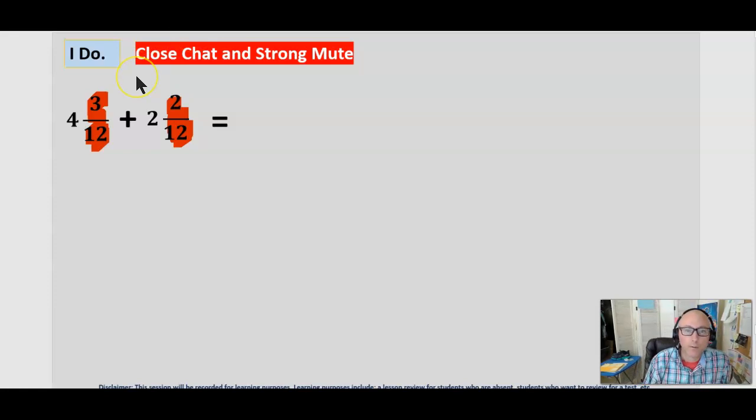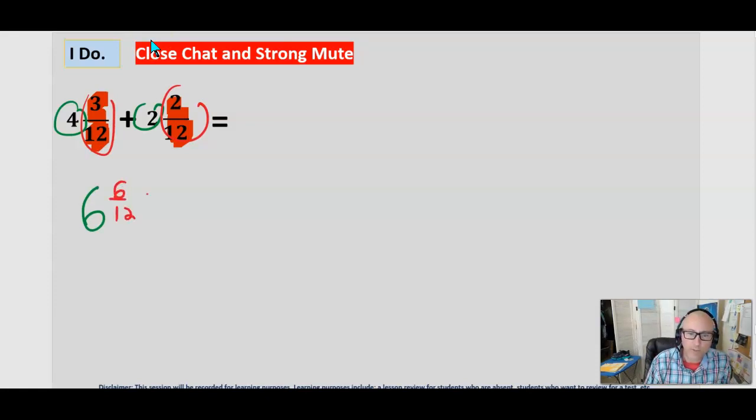Okay, so let's see here. I'm just going to right away add 4 and 2, right? So 4 and 2 is 6. Now I'm going to go ahead and add my 3/12ths and 2/12ths, which is 6/12ths. And I know without really even thinking that this is really 6 1/2, because whenever this top number is half of the bottom number, it's 1/2.